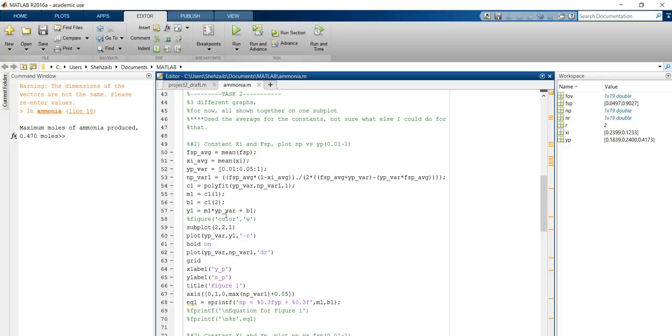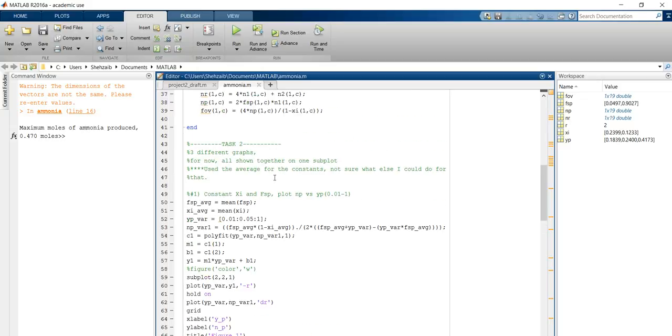The first graph is where we hold xi and FSB constant while we plot NP versus a varying YP from 0.01 to 1. What this means is that if the user enters a vector for, say, FSB and xi, we will take the average of those to keep them as a constant value.